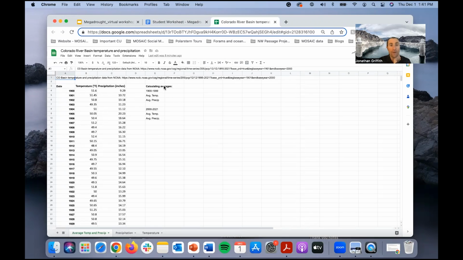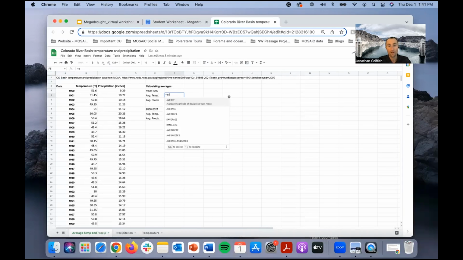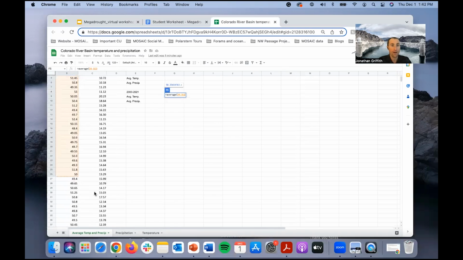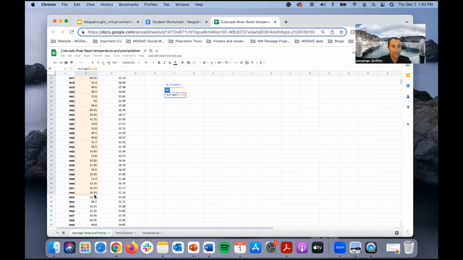To do that, we'll calculate the average temperature and precipitation for the 1900 to 1999 time period here. We'll click on this cell next to average temperature and type in the code equals AVERAGE, open parenthesis, and then just go over to temperature here, the date 1900, and it'll highlight all of the cells between 1900 and 1999.